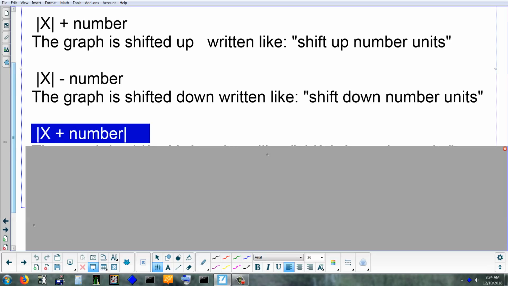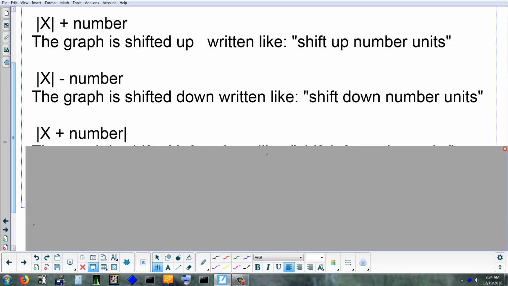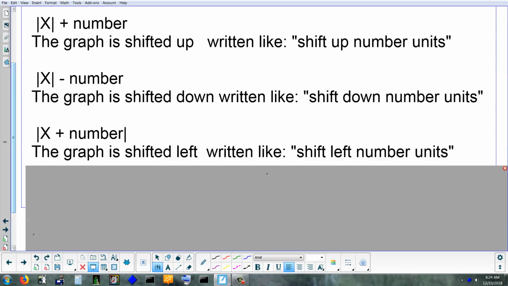Down is when you subtract outside. This is adding inside. It's going to shift left. Exactly. Inside, opposite. So you could say shift left 2 units. You don't have to say horizontal because when you say left, I know left is horizontal.